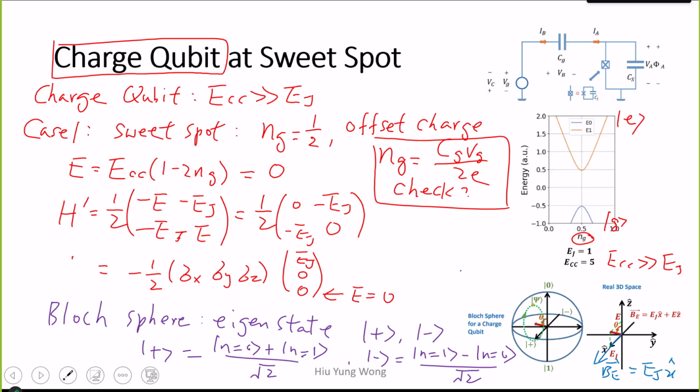That is okay if I can have precise control. But if I don't have precise control, a little bit of change in Vg is going to change Ng. And when Ng changes, the energy separation, the qubit energy, will change a lot.